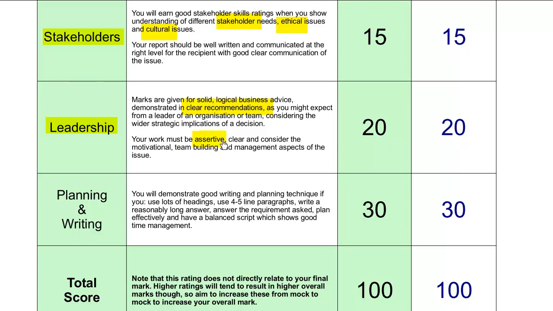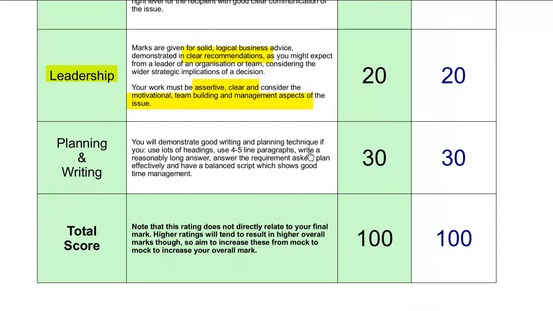It needs to be assertive, clear, consider the team and the management aspects of the issue, bringing in again the stakeholders. So are you making those recommendations the examiner wants you to? You must do that. Of course, we have a whole leadership criteria on which you're being graded, which is why we review whether you're doing the leadership side of things.